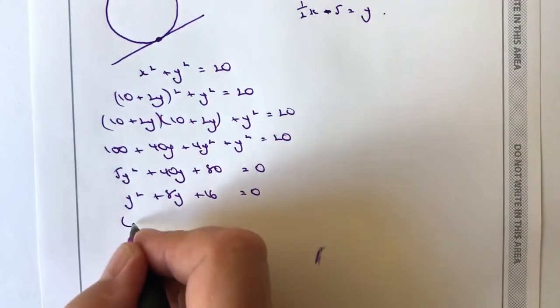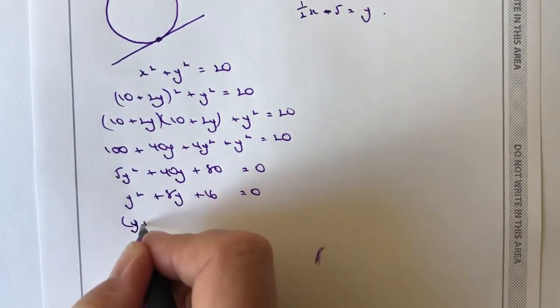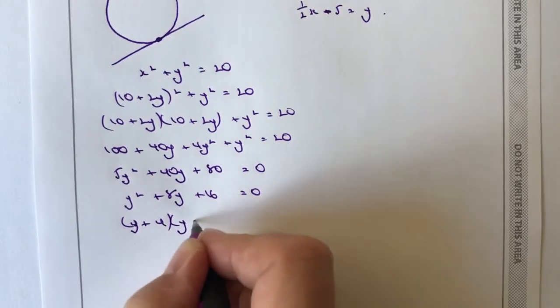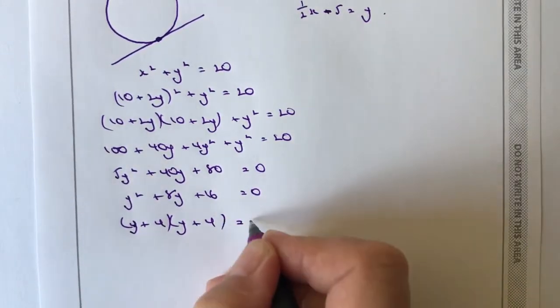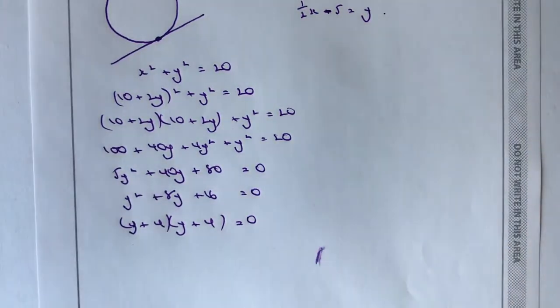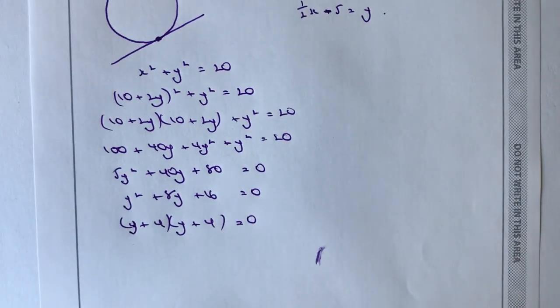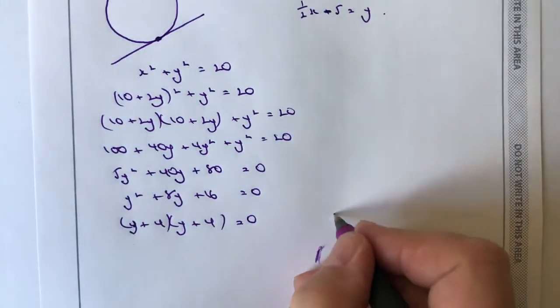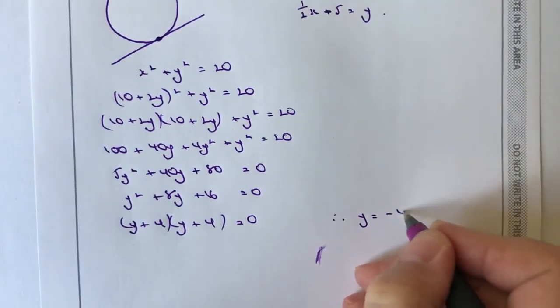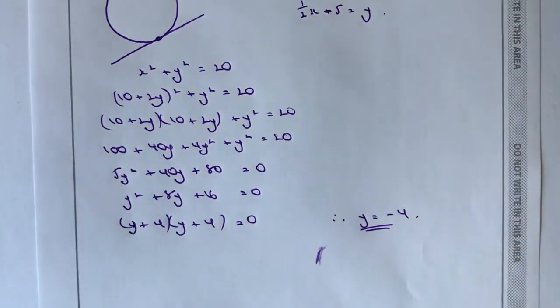I can factorise that as y plus 4 multiplied by y plus 4 equals 0. So it's looking good for a single value, because y plus 4 means that y is going to be equal to minus 4. That would be my value of y.